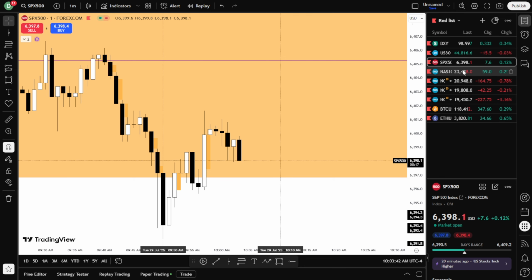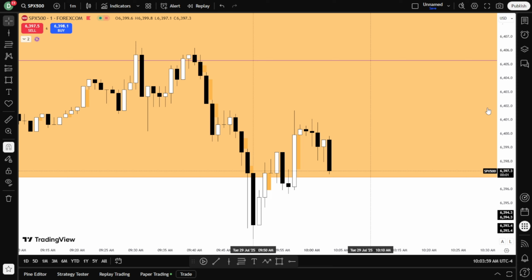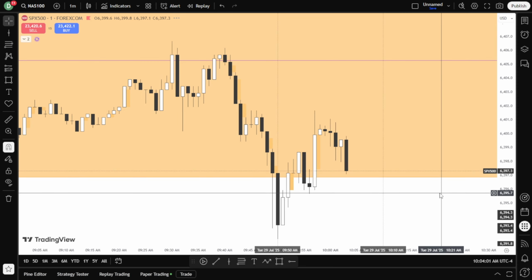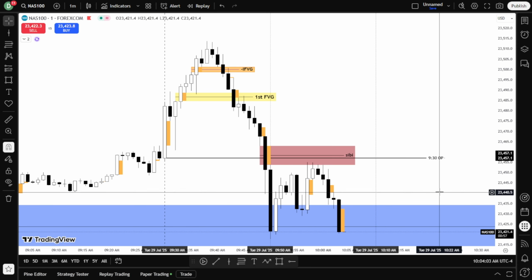If you rewind the video, you will see that at one point Nasdaq was 112 points up and S&P was still 10 points, and now Nasdaq is 52, 55 and S&P is trying to hold it. So that is it.